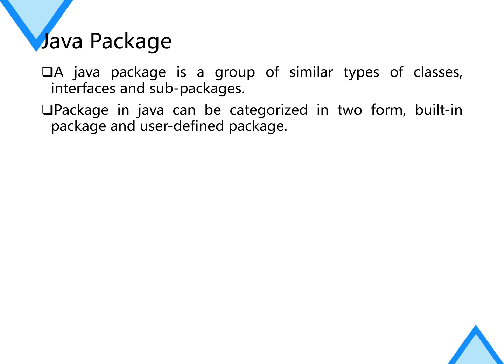Packages in Java can be categorized in two forms: built-in package and user-defined package. As you know, like built-in function and user-defined function, the built-in function is defined in the system.